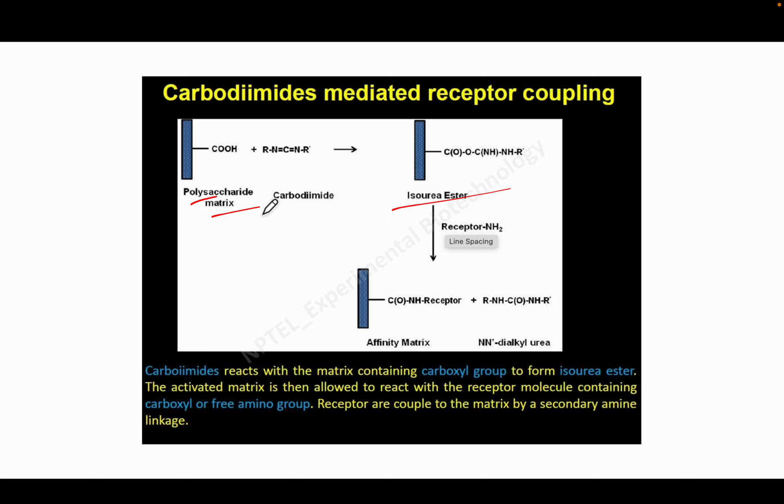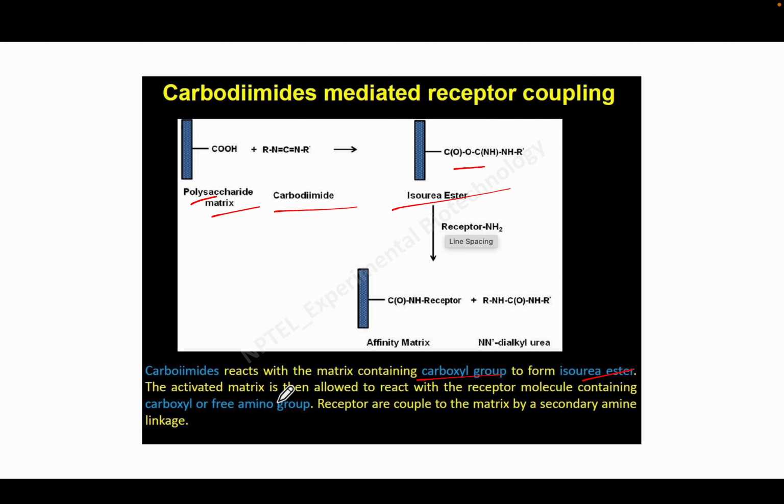There is a urea group, and it's called isourea ester because there is an ester linkage also. That's why carbodiimides react with the matrix containing carboxyl group to form isourea ester.